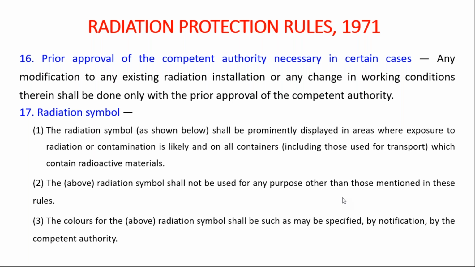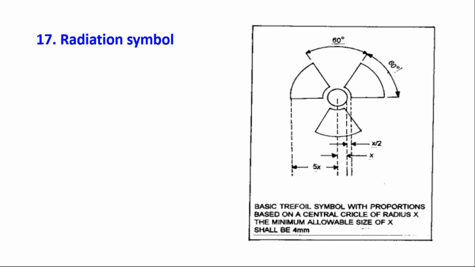That symbol shall be displayed in areas where exposure to radiation or contamination is likely, and on all the containers which contain radioactive materials. The radiation symbol is like a fan with three blades at 60-degree angles, and all the details like diameter, thickness, and spacing are given.